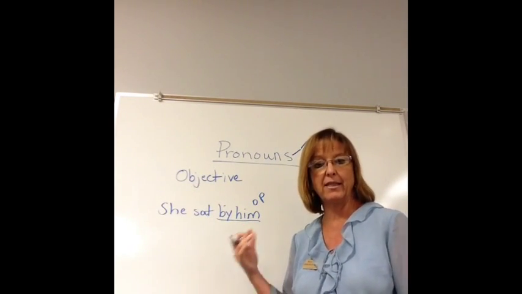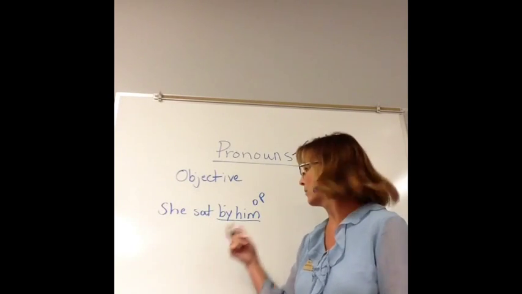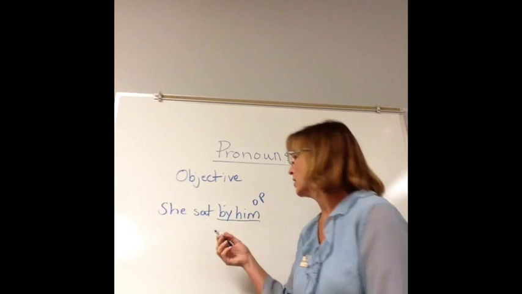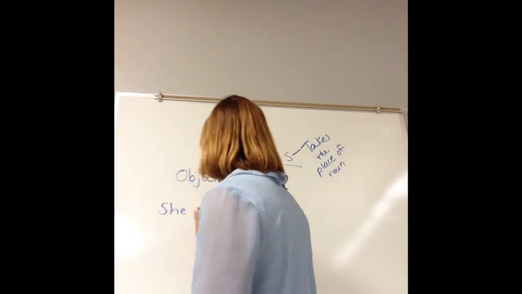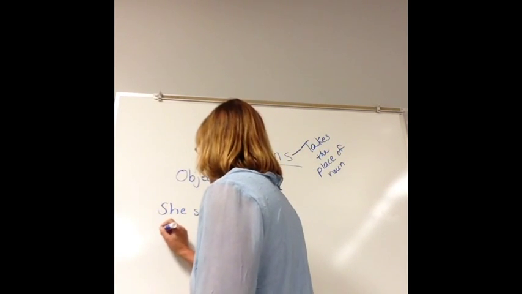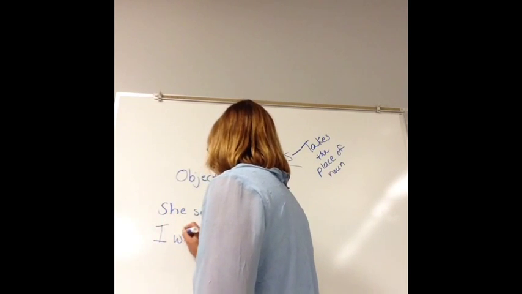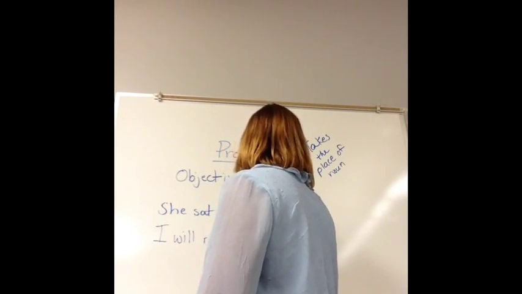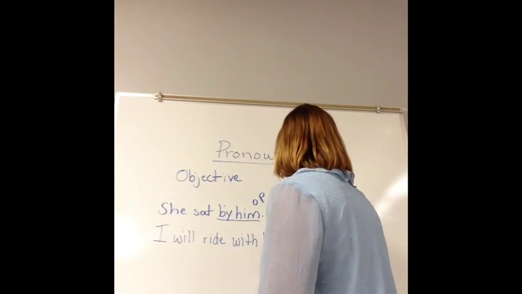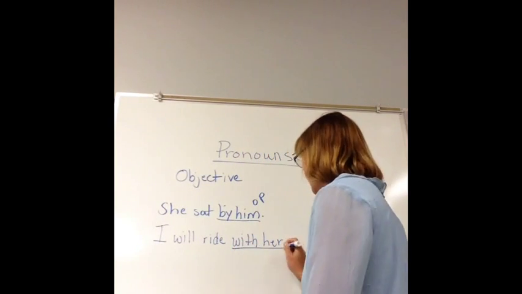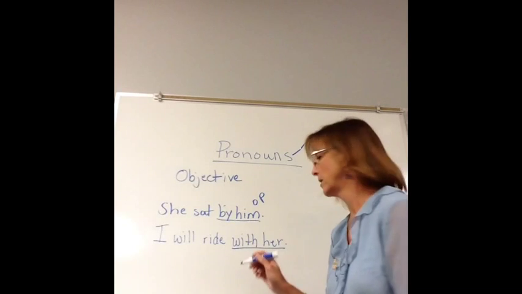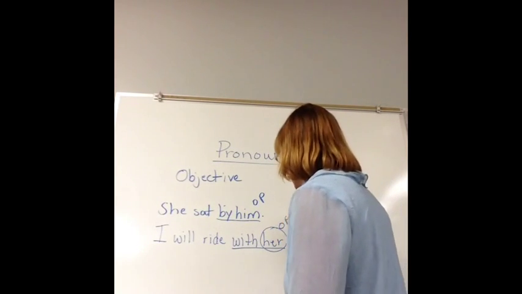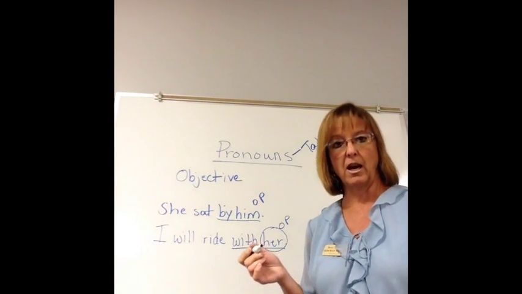So it is in the objective side of the sentence. You can have another sentence such as, I will ride with her. Okay? With her is a prepositional phrase. Her is your object of the preposition, and it happens to be a pronoun.